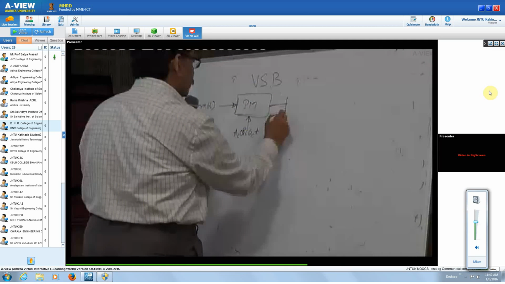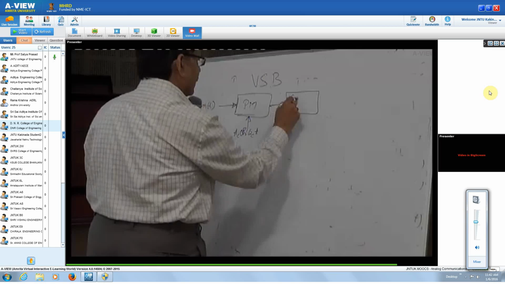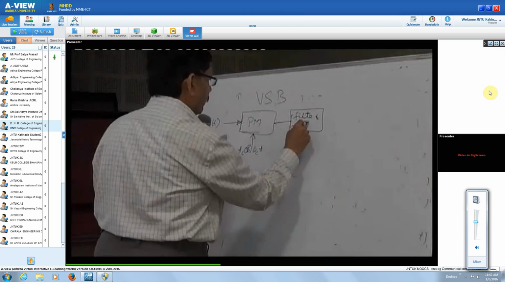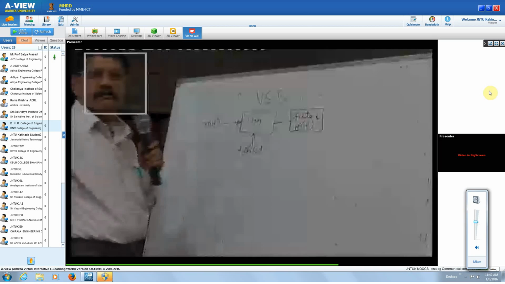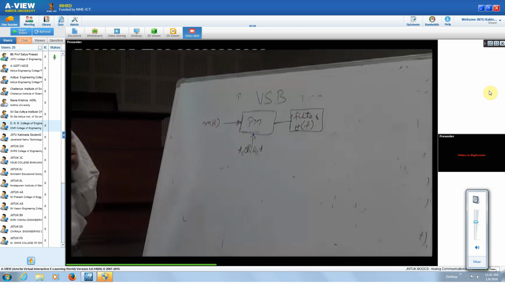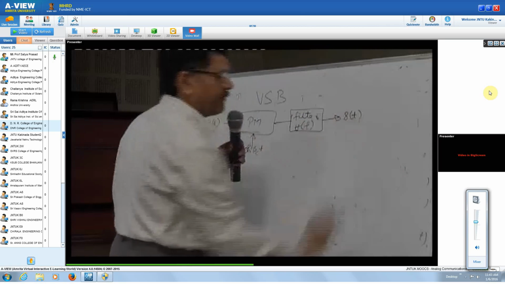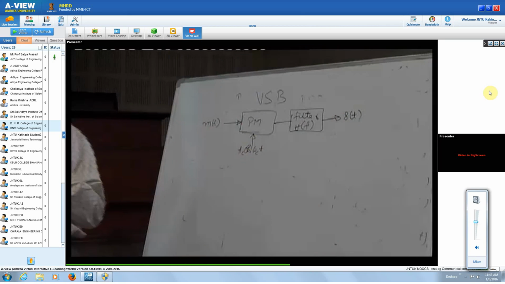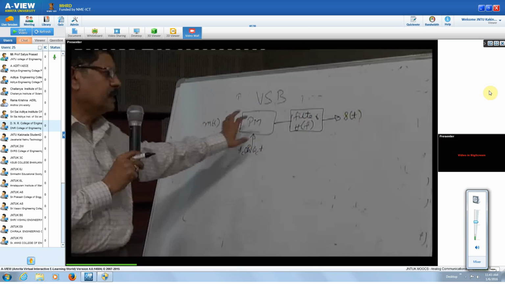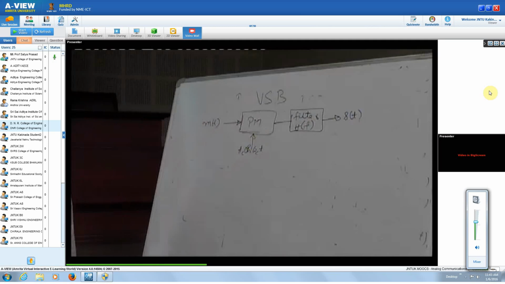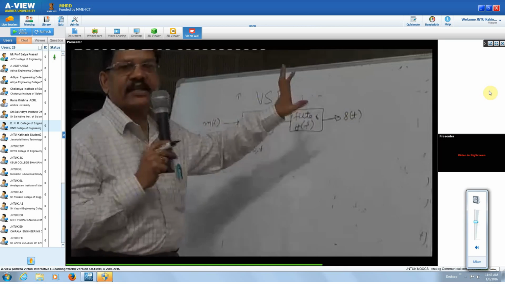This we are passing through a filter with the response h of f, so that we are getting a VSB signal. We'll see what should be h of f. So this is a simple generation of your VSB signal, provided you have the required filter here.